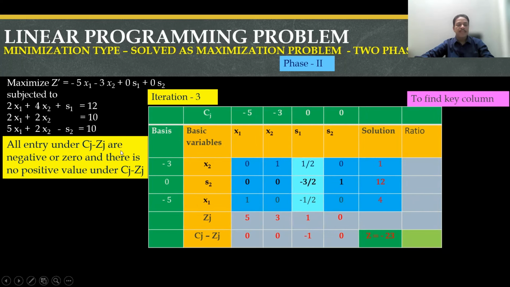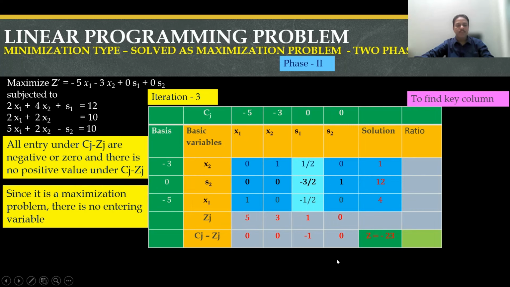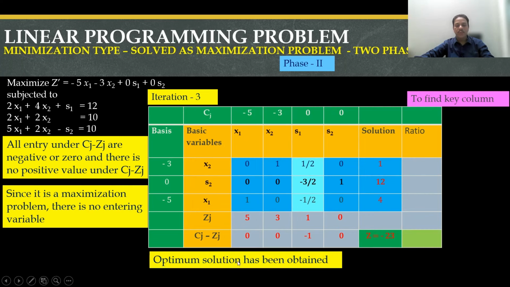So all the entries under Cj minus Zj are negative or 0. And there is no positive value under the Cj minus Zj row. So since it is a maximization problem, there is no entering variable. Thus, the optimum solution has been obtained, and the iteration stops here.